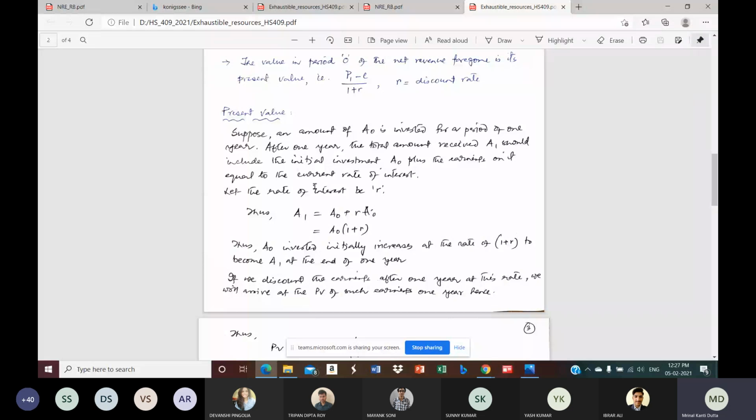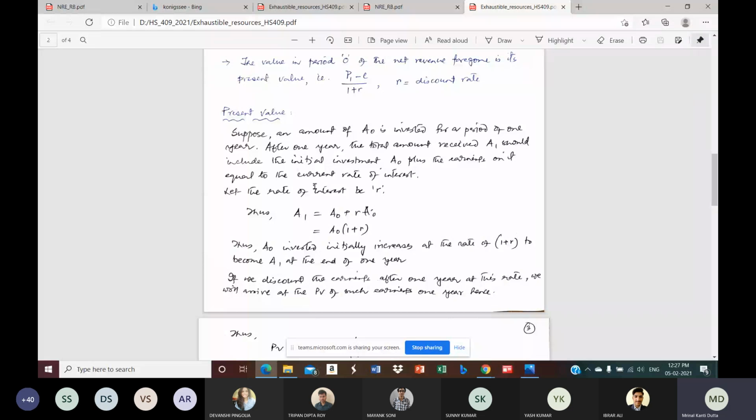For him, the net return will be P naught minus C, where P naught is the price, or you can say revenue. P naught minus C is nothing but the net revenue which the seller will get by extracting and selling the product today.